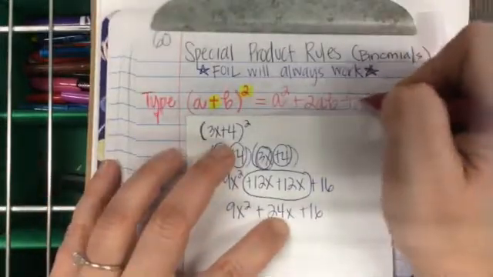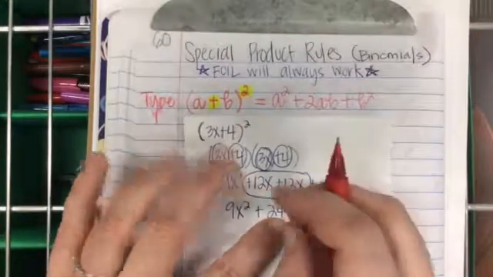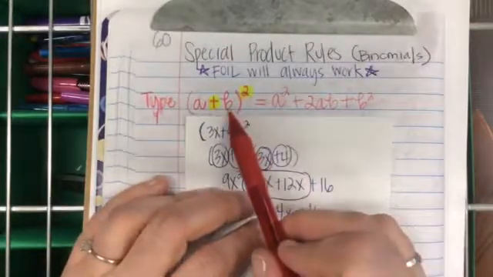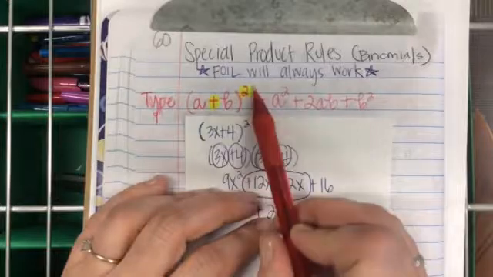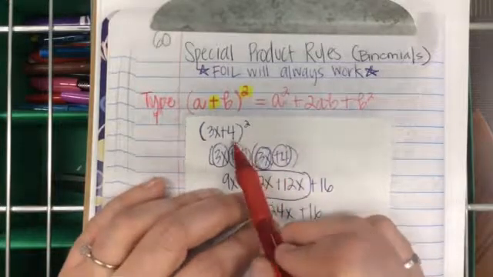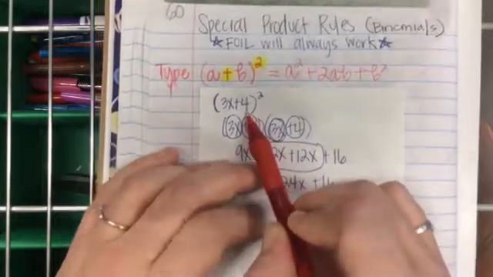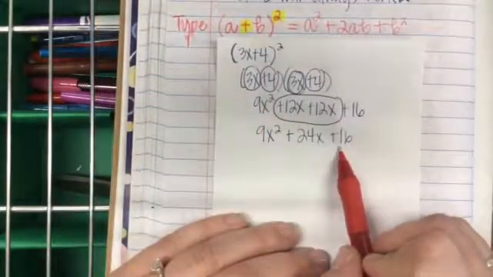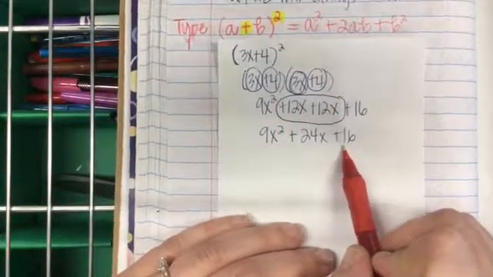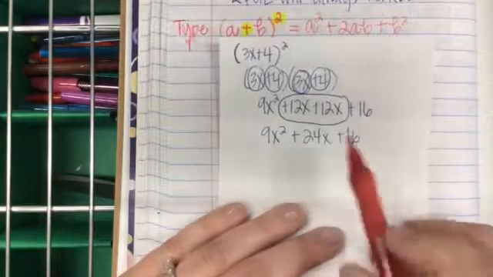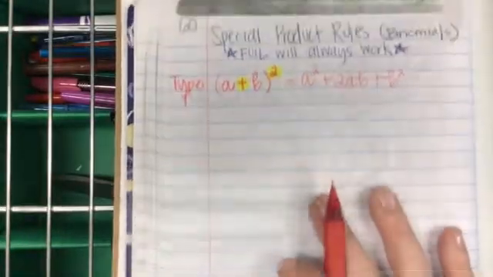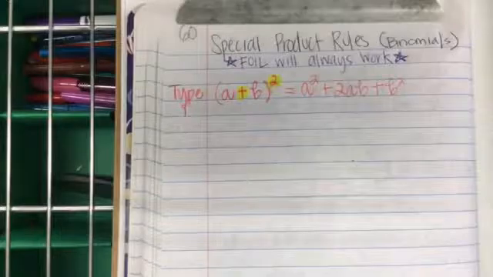Plus b squared, the last term, squared, which is 4. So 4 squared is 16. So it works. It works every time if it matches this type of problem.